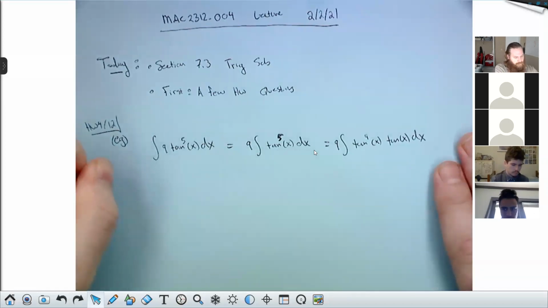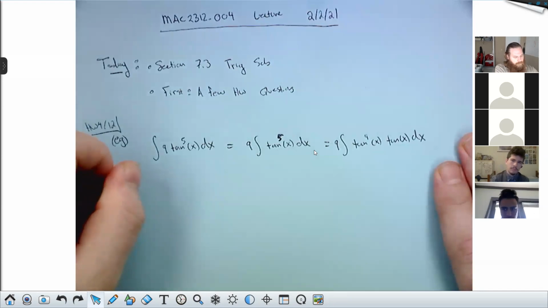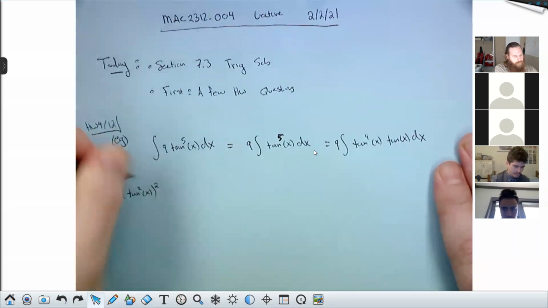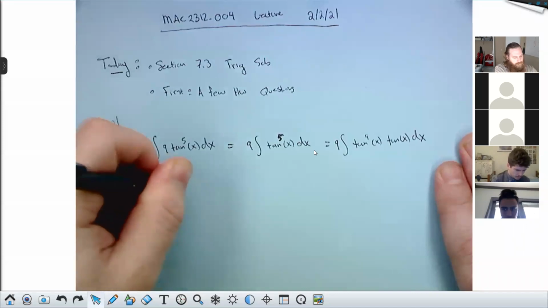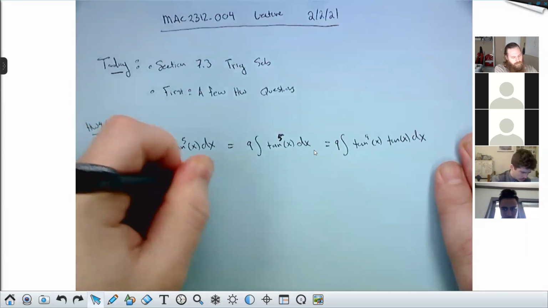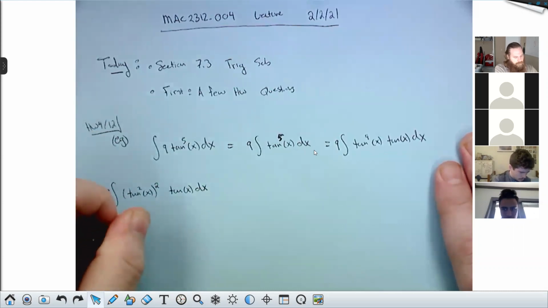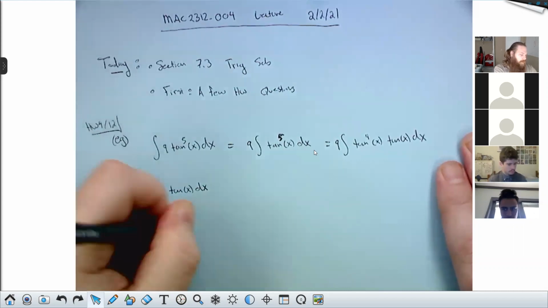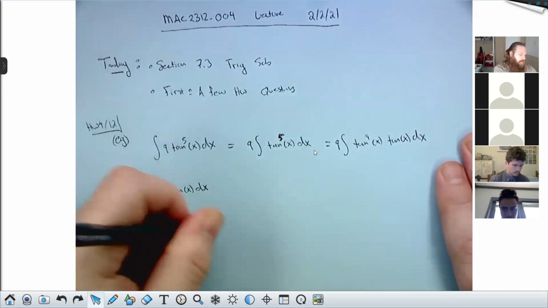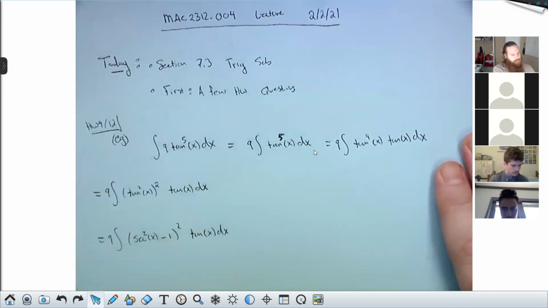So that's the same as 9 times the integral of tan squared x all squared times tan x dx, which is 9 times the integral of secant squared x minus 1 all squared times tan x dx.